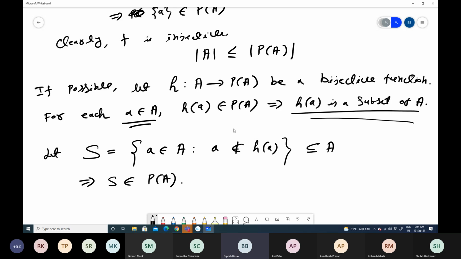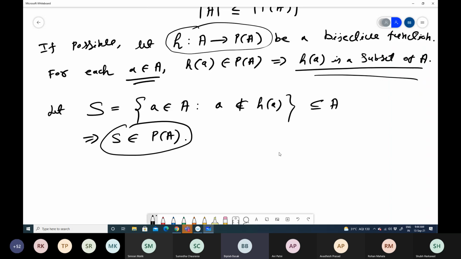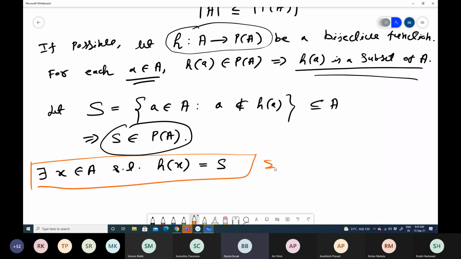Now we have a bijective function H, and S belongs to the power set of A. So what does it mean? It should be surjective, right? So there exists x in A such that H(x) equals S. Why?